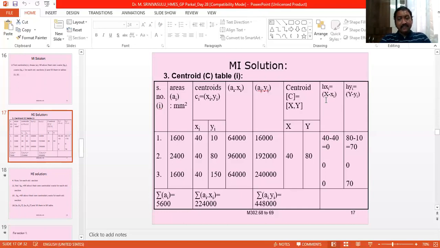Therefore, the difference between x and either x1, x2 or x3 will become 0. So this column will be 0. 40 minus 40 is equal to 0. So this column minus this column.